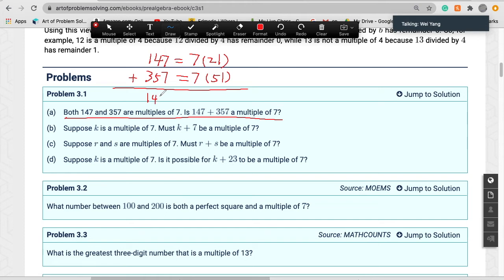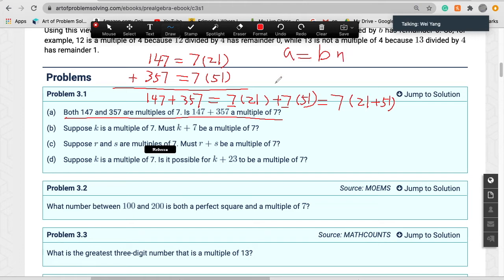On the left side, you get 147 plus 357. On the right side, that's 7 times 21 plus 7 times 51. They have a common factor 7, so we can take 7 out. You get 21 plus 51. Based on the definition, A equals B times n, this sum equals 7 times another integer.